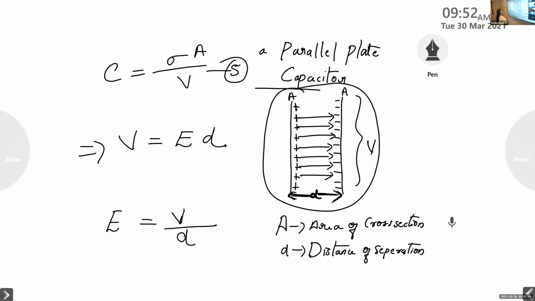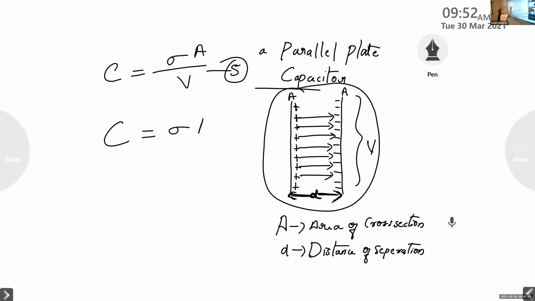Now, what about the equation for capacitance? It becomes C is equal to sigma A divided by E D. What is the equation for electric field inside a capacitor?